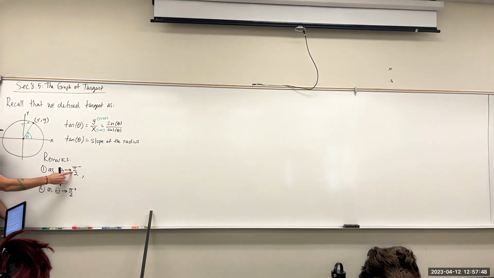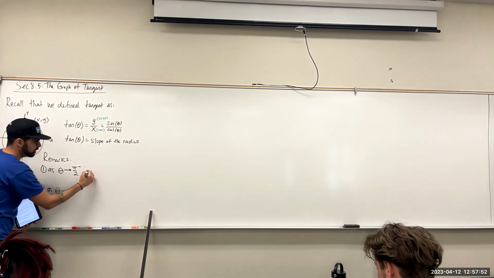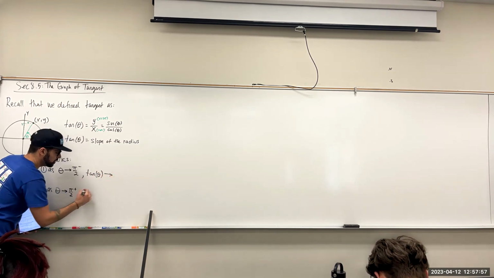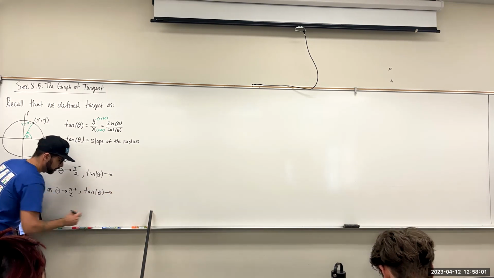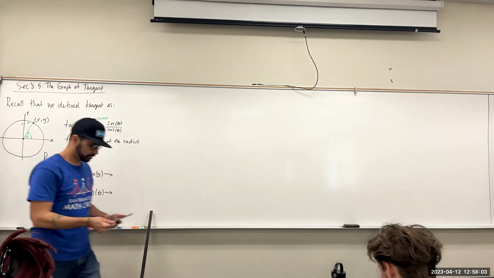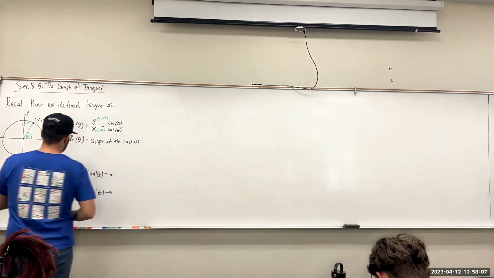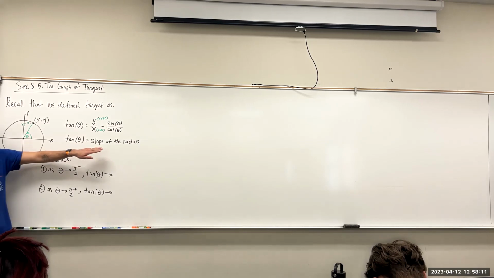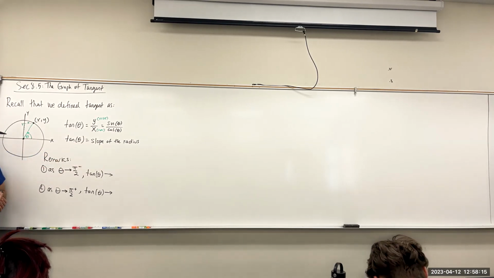Remember, pi over 2 is right here at 90 degrees. I want you with your classmates to double check: what is tangent approaching? Or look at the unit circle here. And to help you, think of tangent as the slope of the radius.